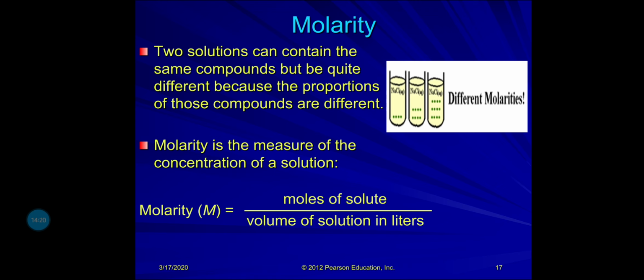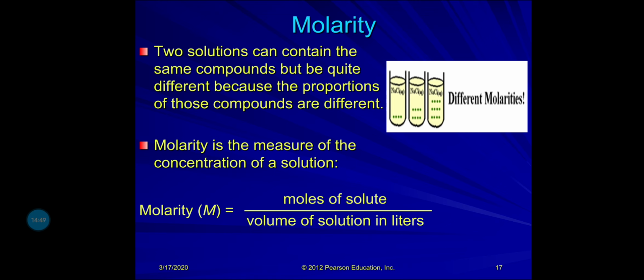Two solutions can contain the same compounds but be quite different because the proportions of those compounds are different. Let's take an example of two cups of water, and we add 1 spoon of sugar to the first cup and 3 spoons of sugar to the second cup.